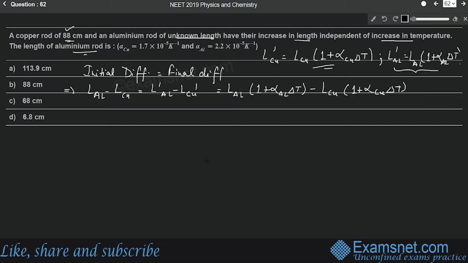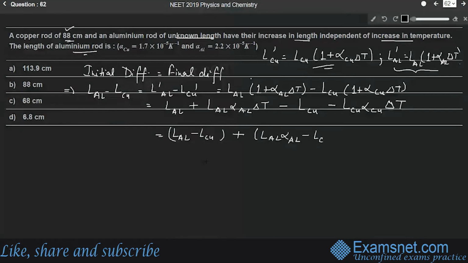Okay. So now if we solve the right hand side by opening the brackets, we'll get length of aluminium rod plus L aluminium alpha aluminium delta T minus length of copper minus L copper alpha of copper delta T. Okay. So now we can write length of aluminium minus length of copper together, and then what is left here, plus L aluminium alpha aluminium minus L copper alpha of copper, and delta T can be taken as common.